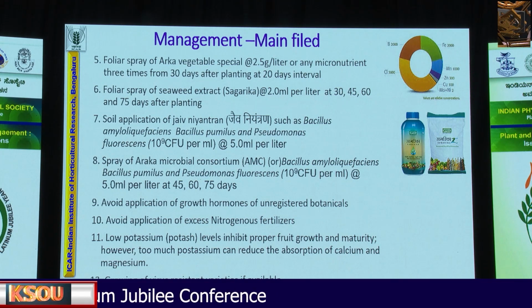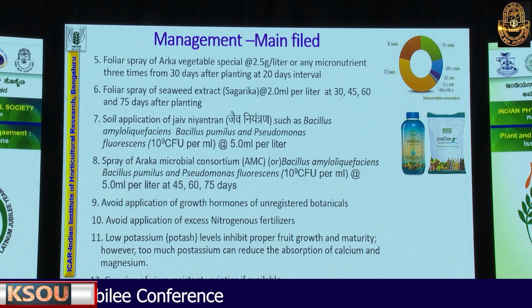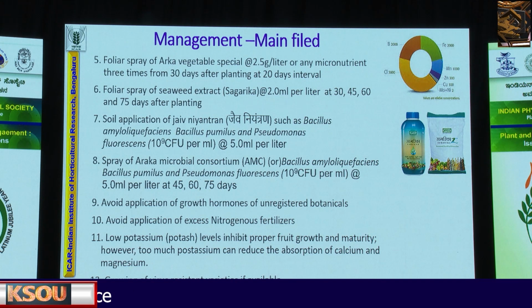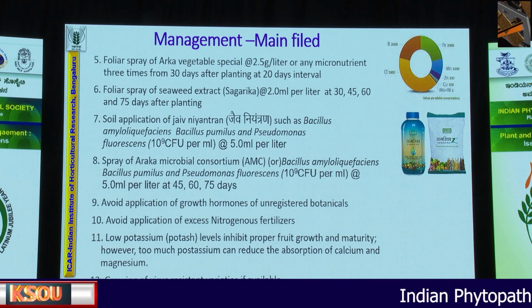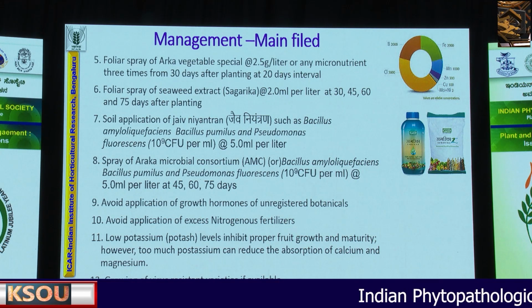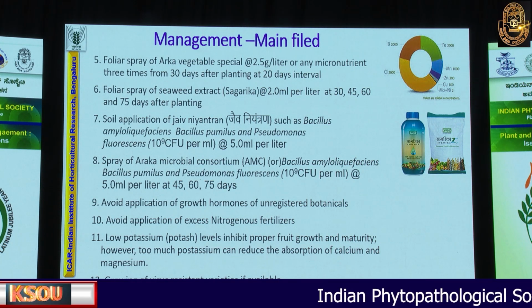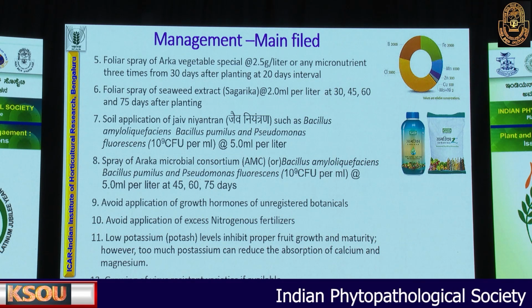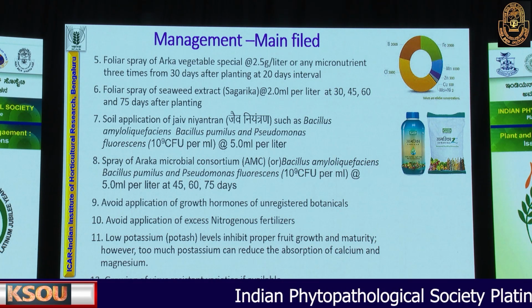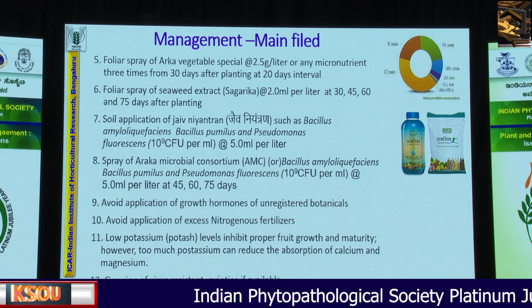What we advise them is to change their psychology: application of micronutrients, seaweed extract or microbial formulation, which in turn strengthen the biostimulation of the host, strengthening the immune system of the host, so that it will take care of the production yield level, and even if incidence occurs, it is less, not causing much yield loss.